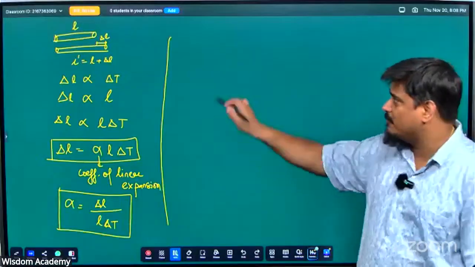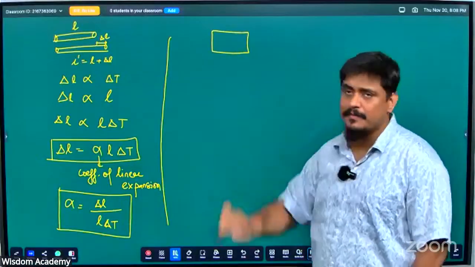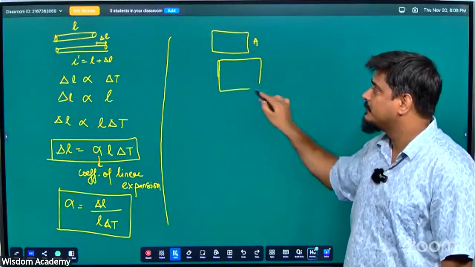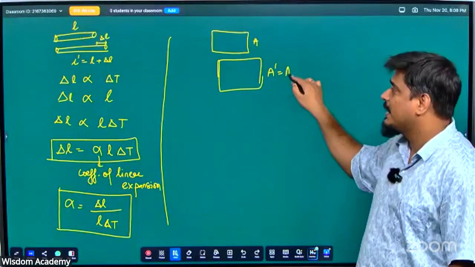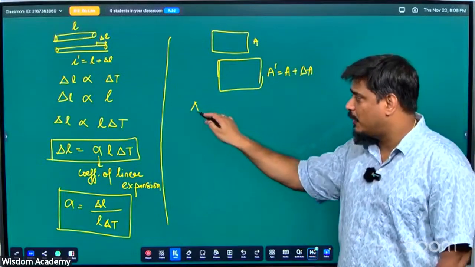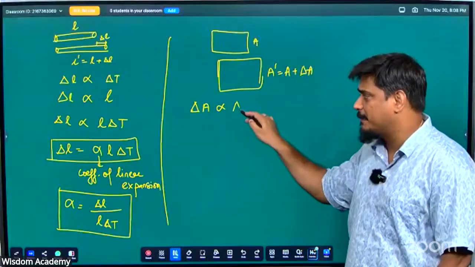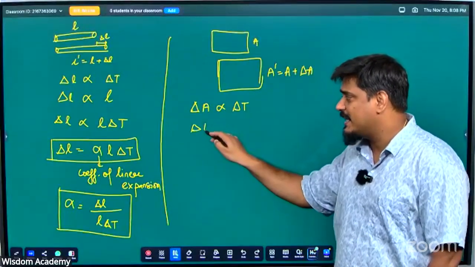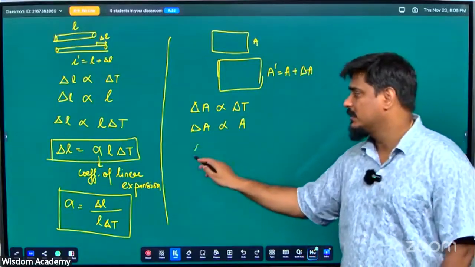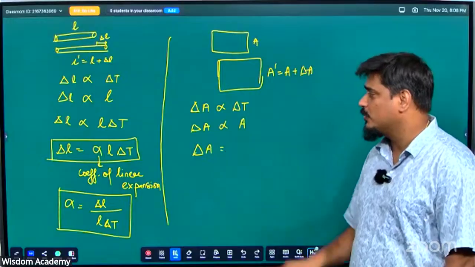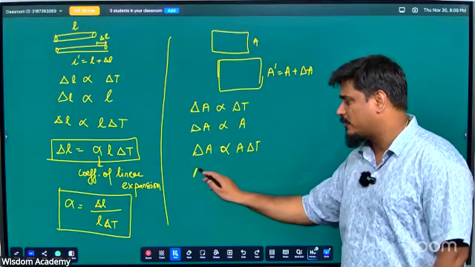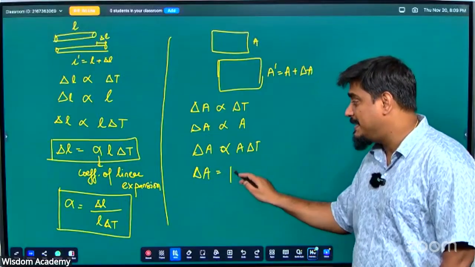Please pay attention. Same way, if you have some area A and you are heating it, the area may become a little bigger, A dash. And what is A dash? A plus delta A. Very similar to the previous thing. It was found that change in area is proportional to change in temperature and proportional to initial area. If you combine both, delta A is proportional to A delta T. If you remove proportionality, you have to add a constant, and that constant is called beta.